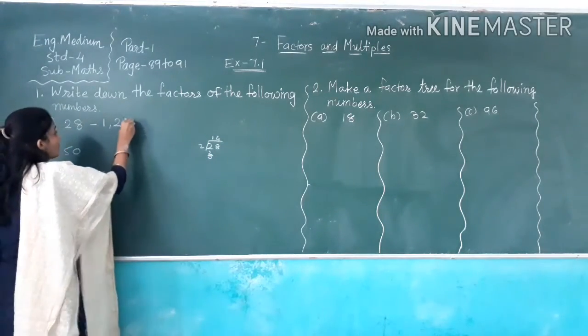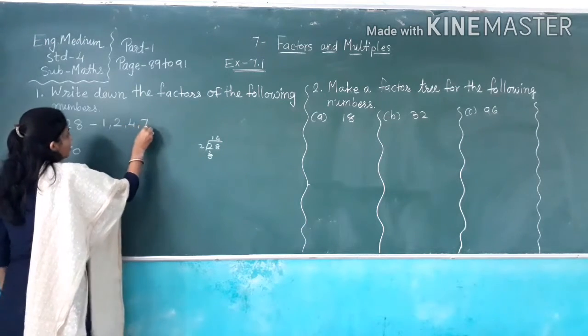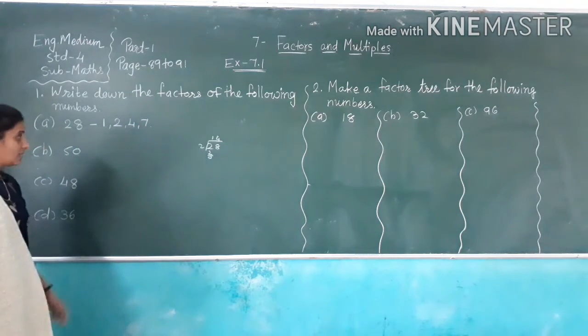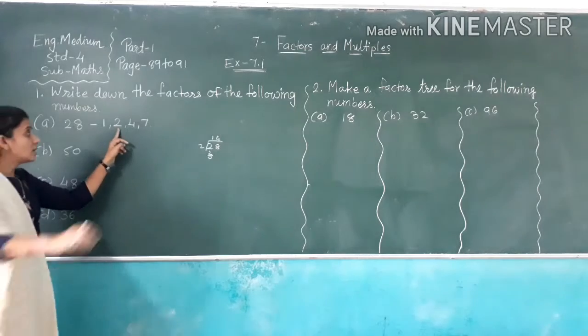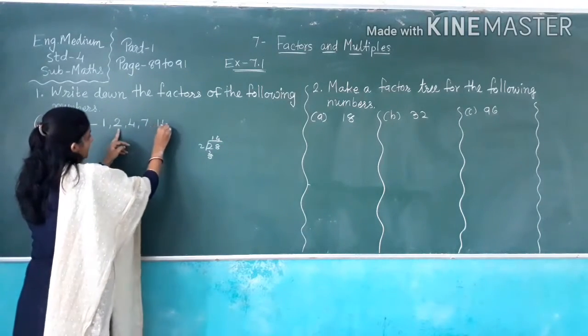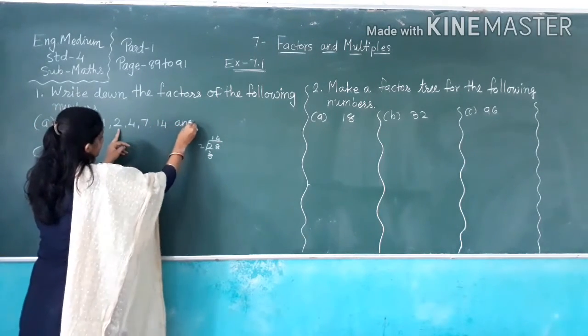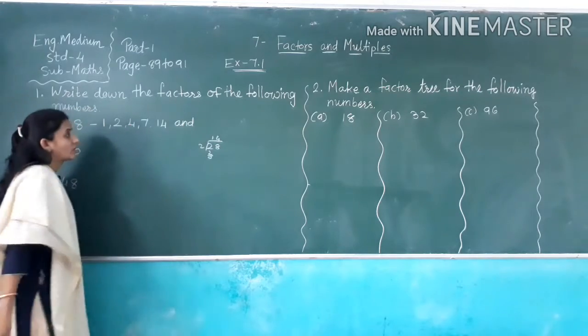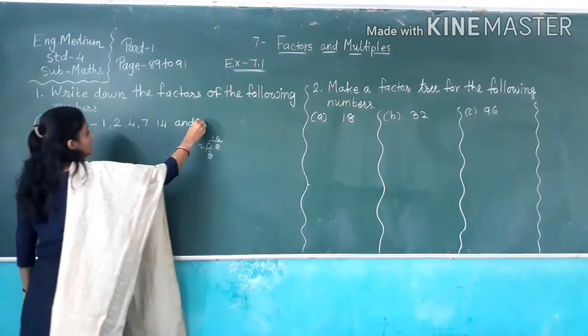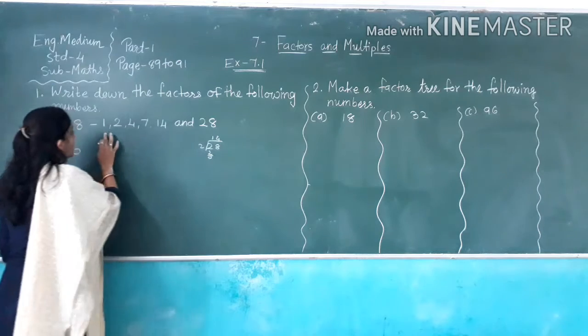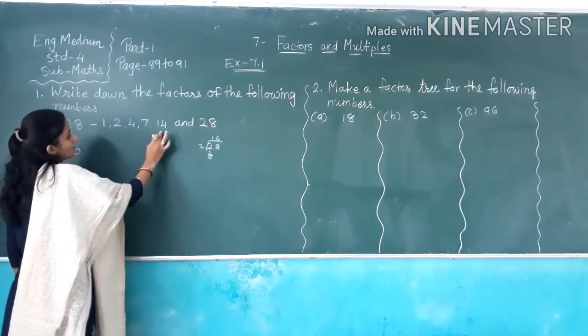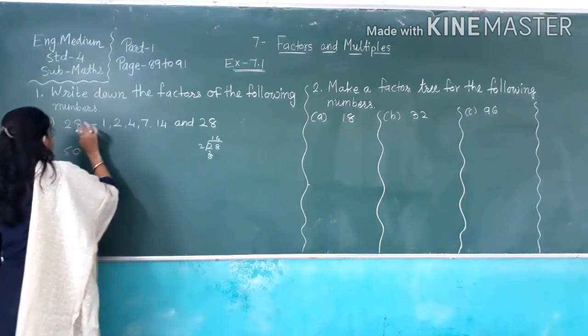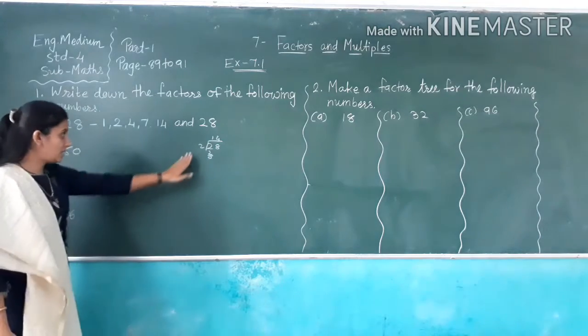So 4 and 7 both are factors of 28. So 1, 2, 4, 7, 14 and 28 are the factors of 28.